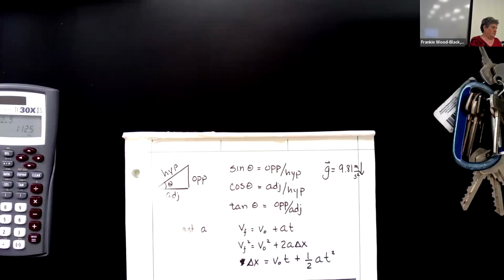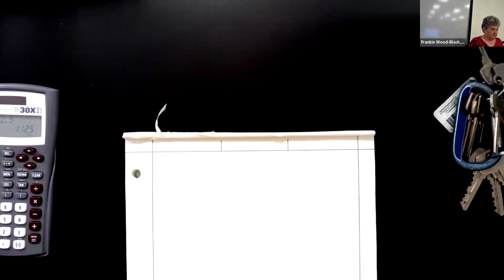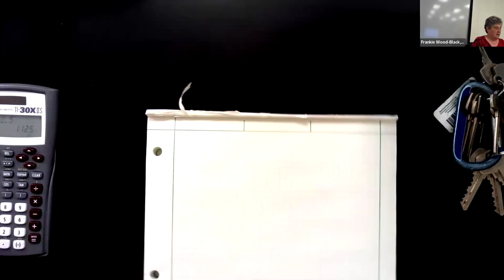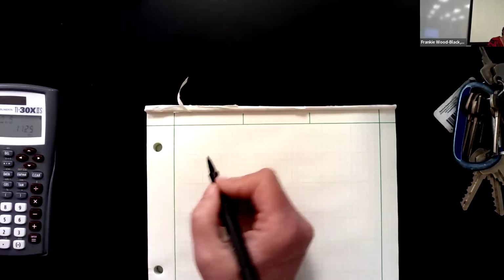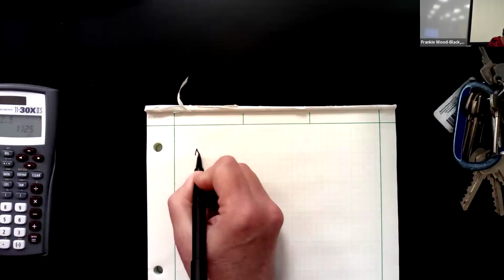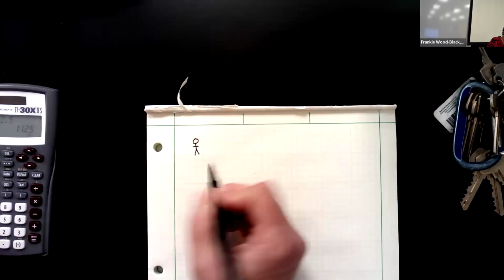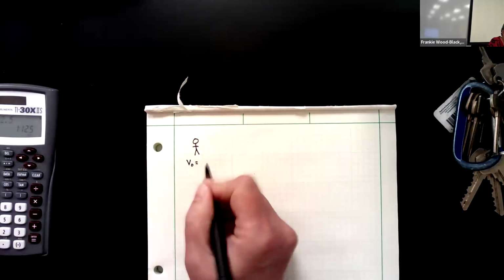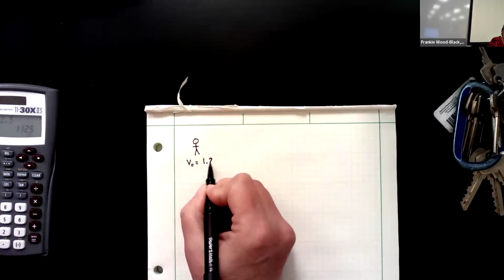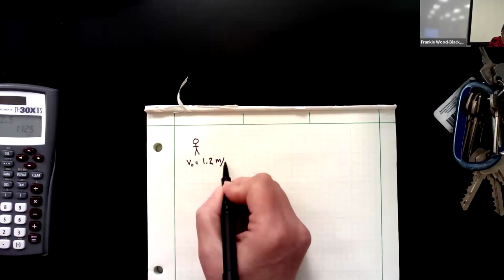So let's do another one. This time, we've got a person. And our person has an initial velocity of 1.2 meters per second.